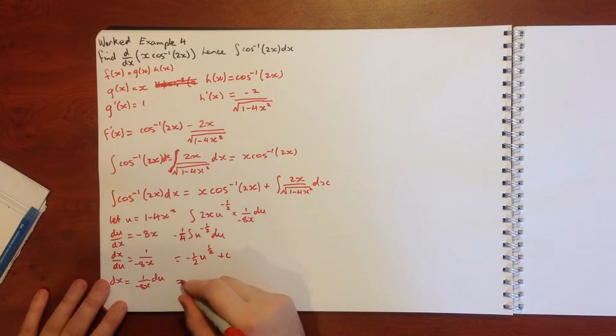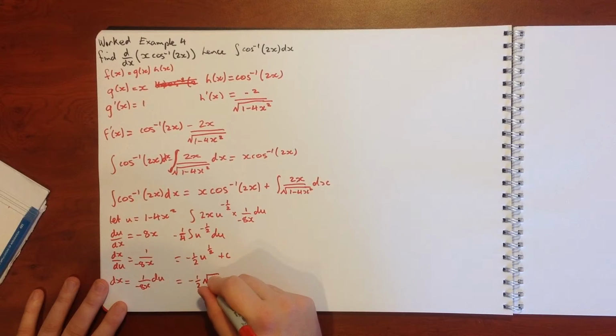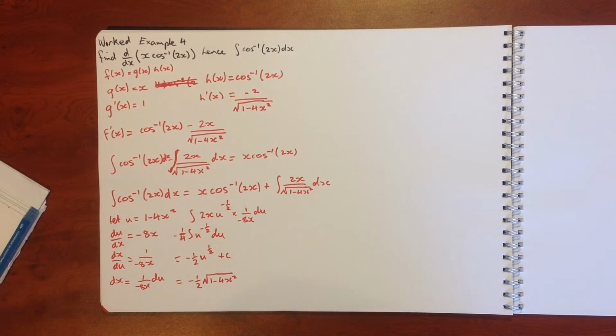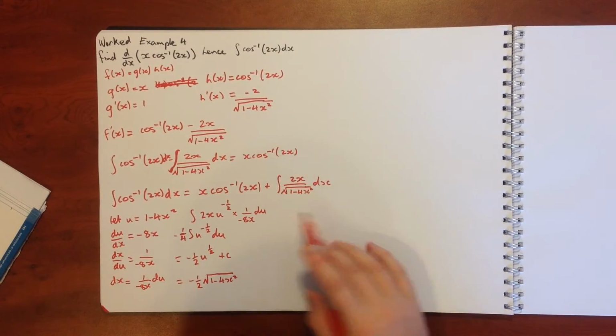So that means we can say that that bit is negative a half times the square root of our u, but we knew what our u was, that is our 1 minus 4x squared.